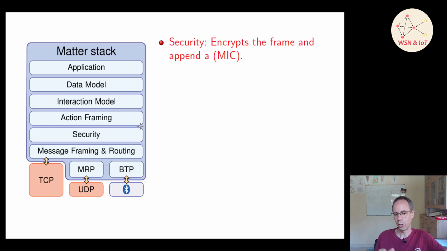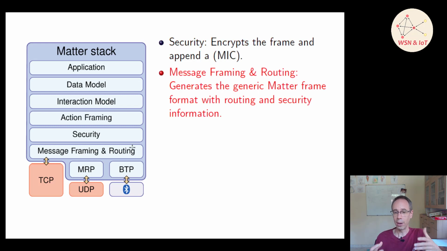How it's generated is a little bit more complex, but it's quite safe. The encryption itself will happen with AES, with CCM. And at the end, a message integrity code is appended. So our data is encrypted, with our message integrity code at the end.